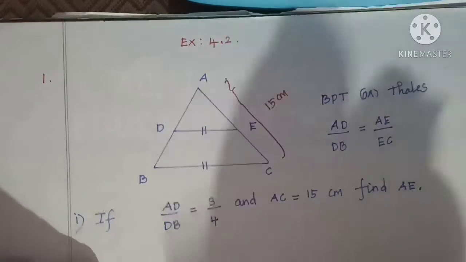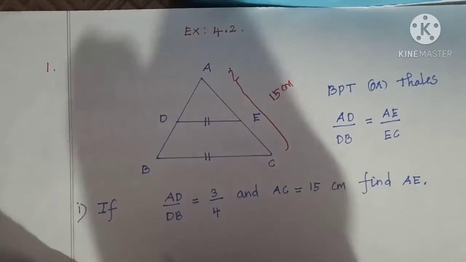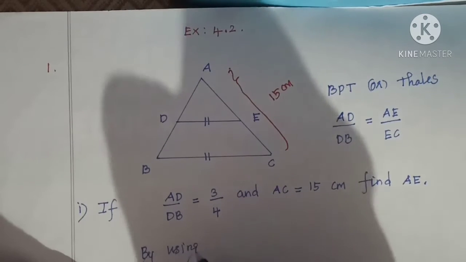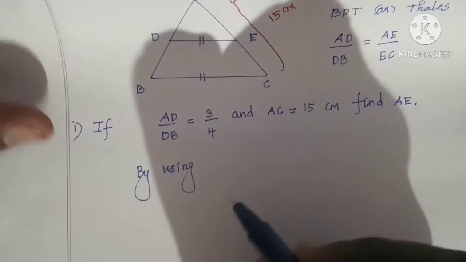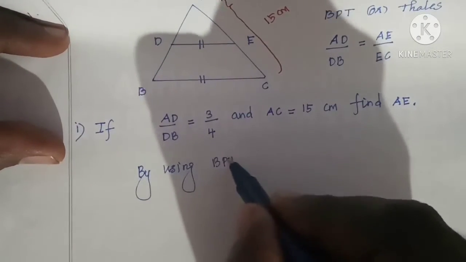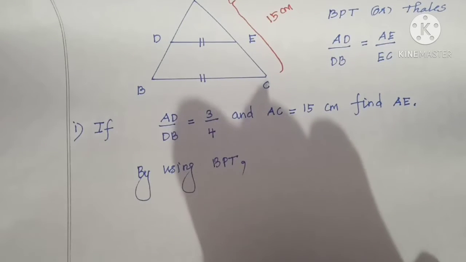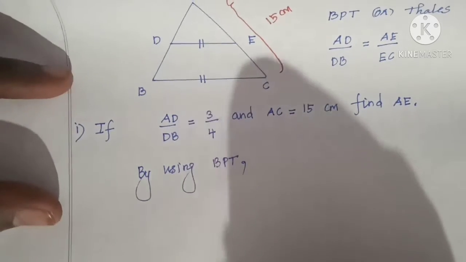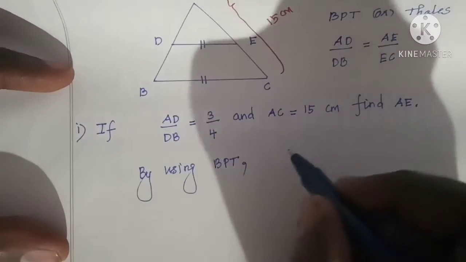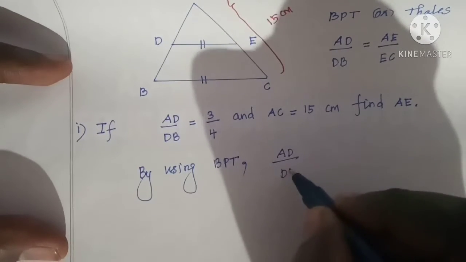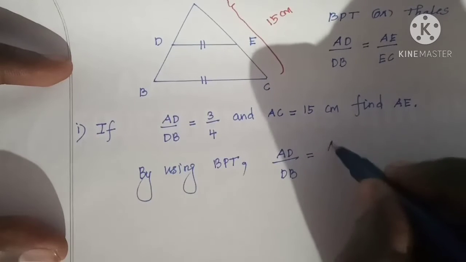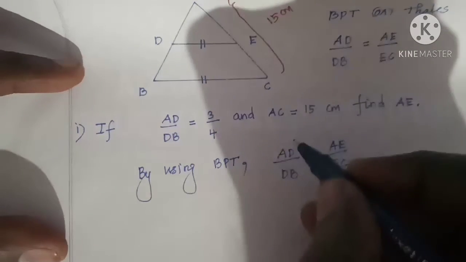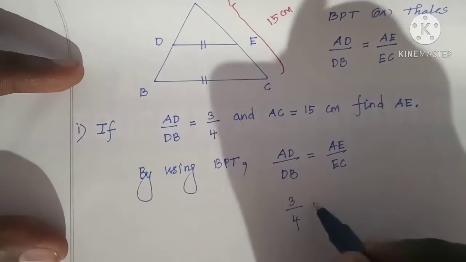So by using the basic proportionality theorem, why do we apply it? Here the straight line DE is parallel to BC, that's why we took the concept of the basic proportionality theorem. So AD by DB equal to AE by EC.